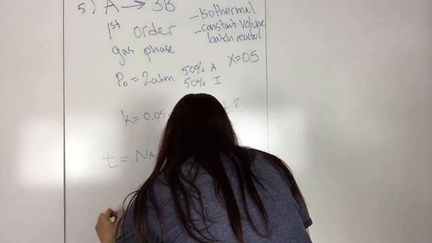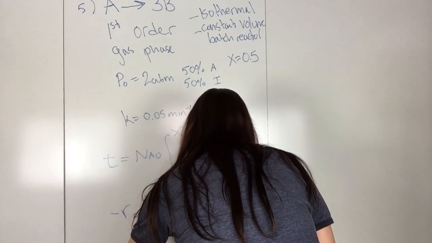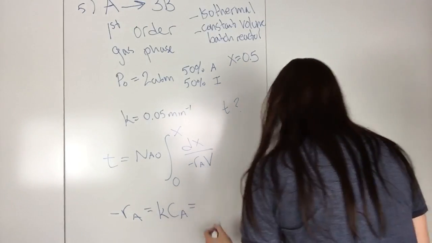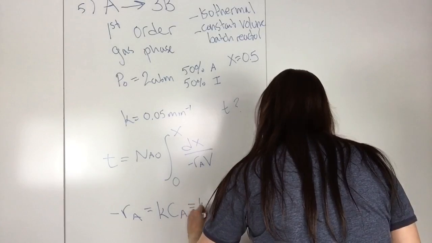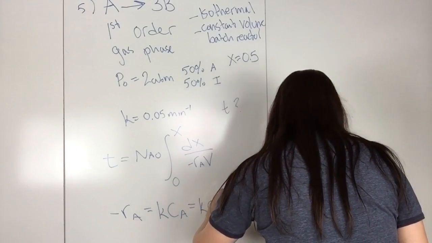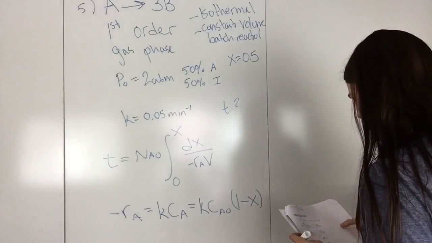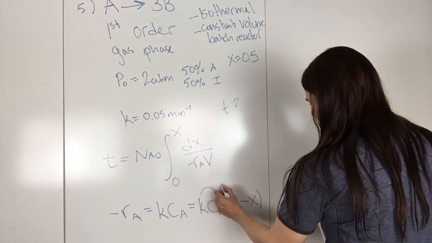We know that rA equals k CA. And then if we write this in terms of conversion, this is equal to k CA naught (1 minus X).